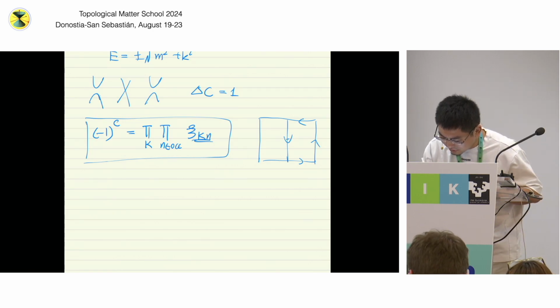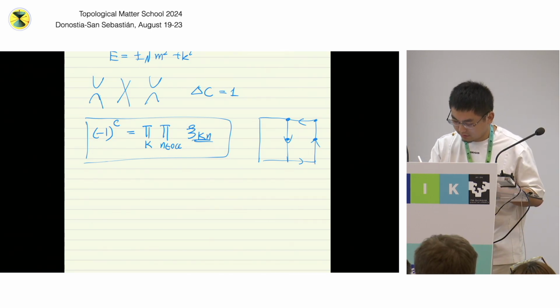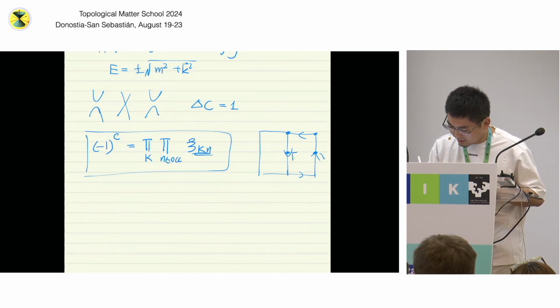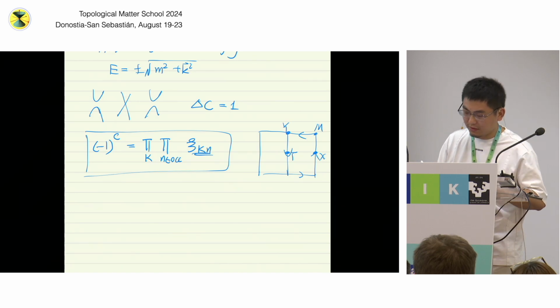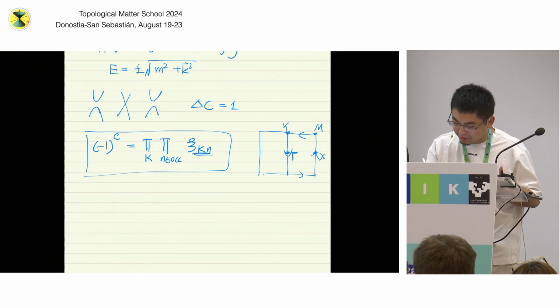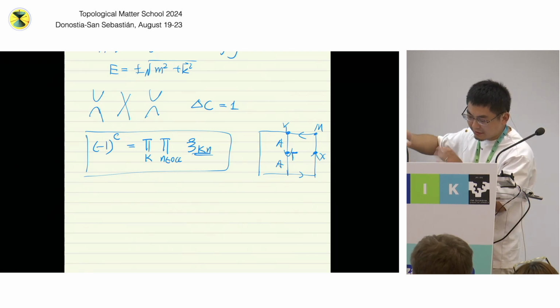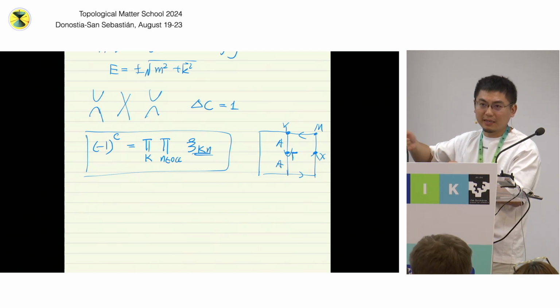The interesting thing is that this path passes over all the high symmetry points, gamma, X, Y, and M. So you can analyze the Berry connection at different segments, and these are related by the inversion symmetry.